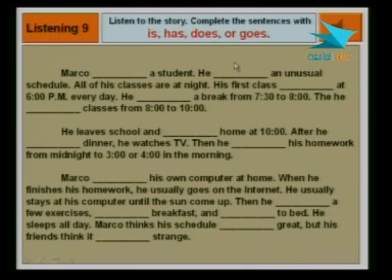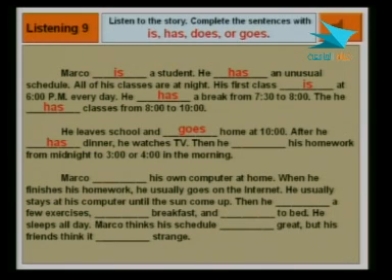Exercise 18, page 65. Listen to the story. Complete the sentences with is, has, does, or goes. Listen and write the words you hear. Marco is a student. He has an unusual schedule. All of his classes are at night. His first class is at 6 p.m. every day. He has a break from 7:30 to 8 o'clock. Then he has classes from 8 to 10 o'clock. He leaves school and goes home at 10 o'clock.